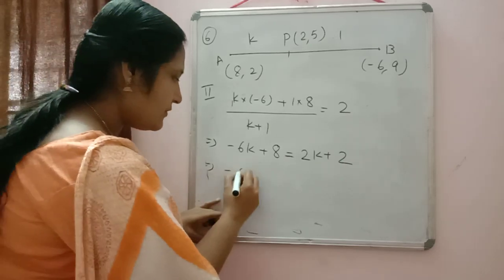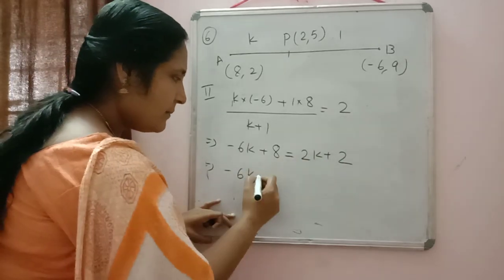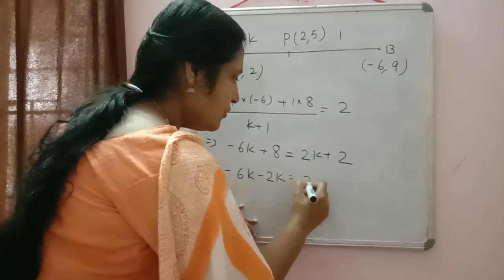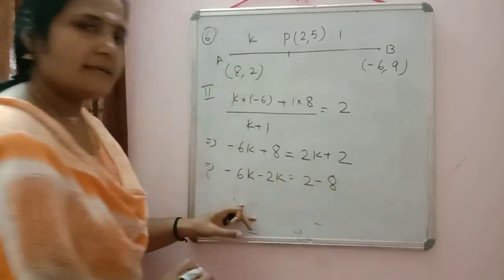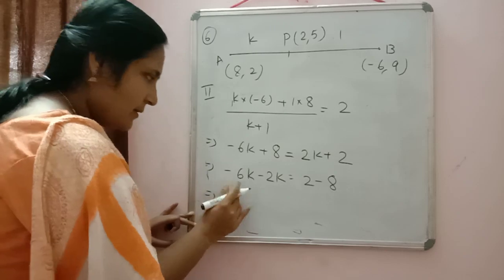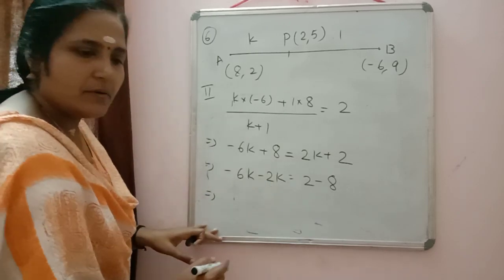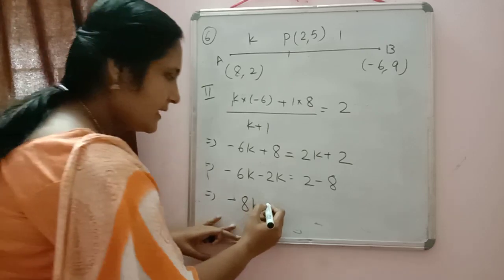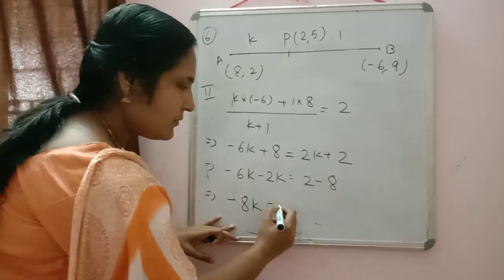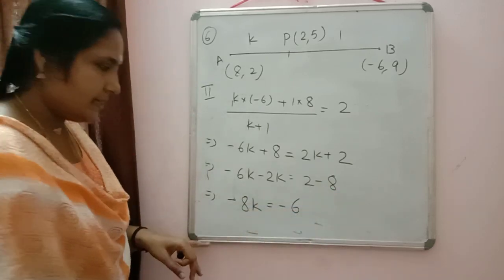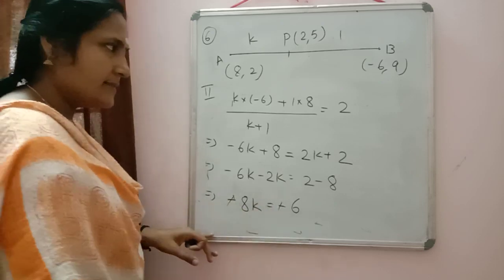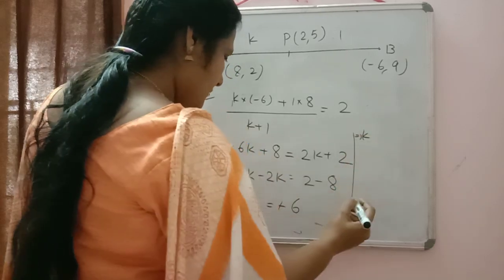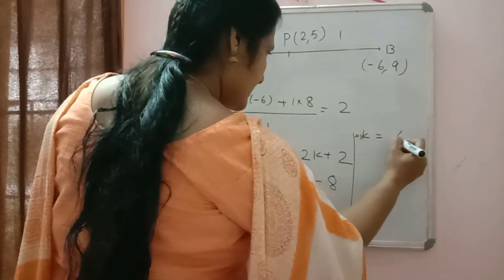Then minus 6k minus 2k will become minus 8k is equal to 2 minus 8, which is minus 6. Again, the negative sign will get cancelled. We will get k is equal to 6 by 8.